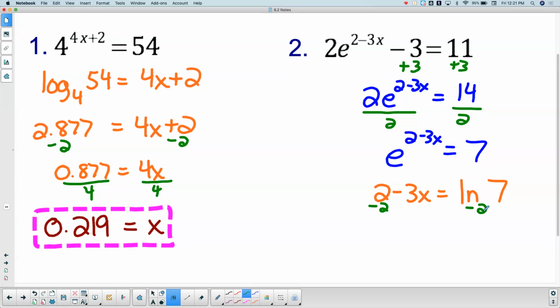So then this would be negative 3x equals the natural log of 7 minus 2 is negative 0.054 divided by negative 3.